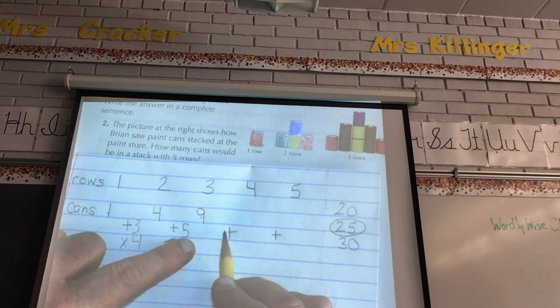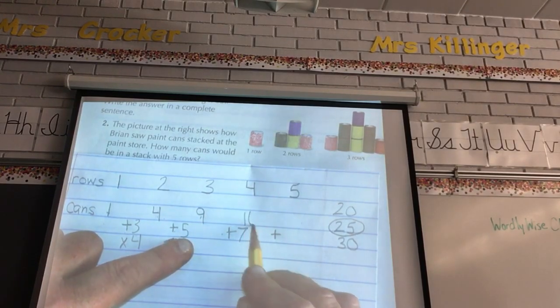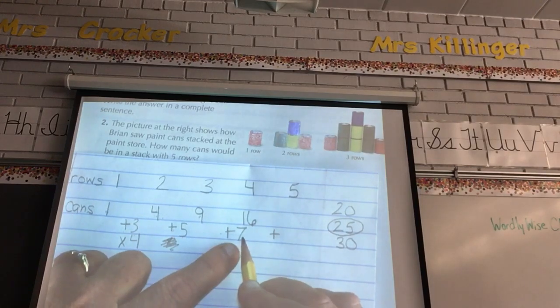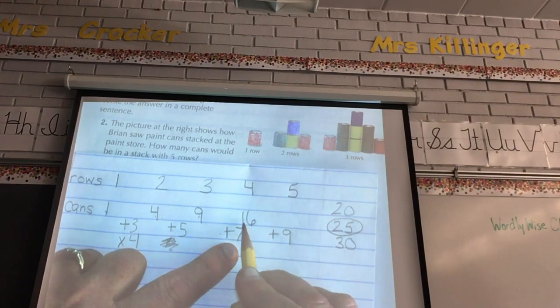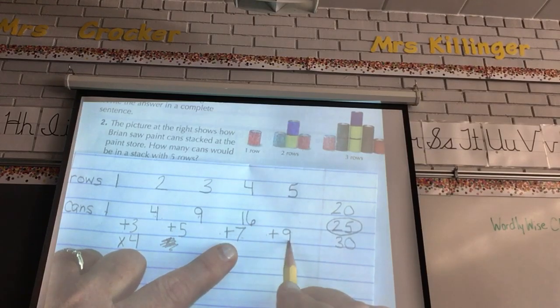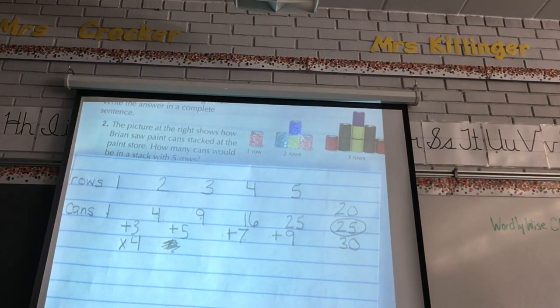So 9 plus 7 is 16. Increase by 2. 16 plus 9 equals 25. Look for those patterns, guys.